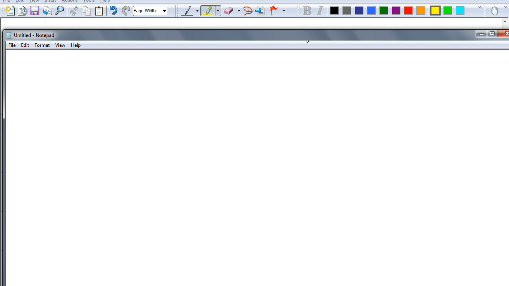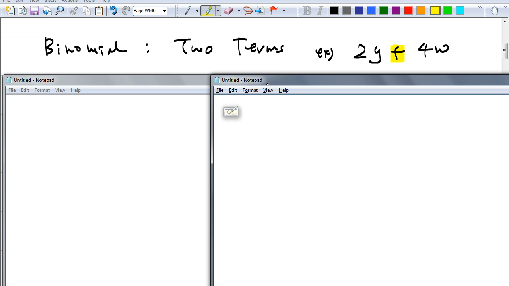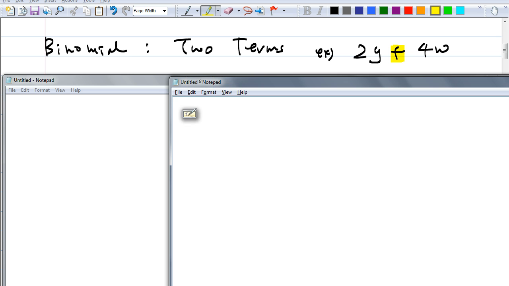Binomial. You're right, binomial. Then you have two terms. What separates the terms again? Addition sign. So you get 2y plus 4w. That's an example of a binomial. Then, what do we call these expressions if you have three terms?